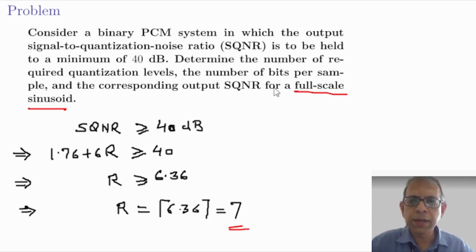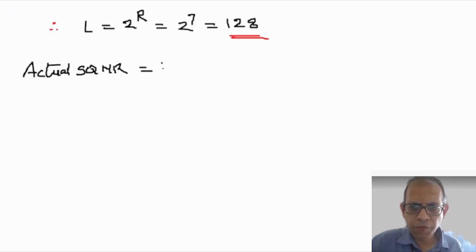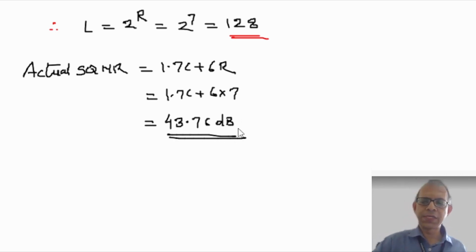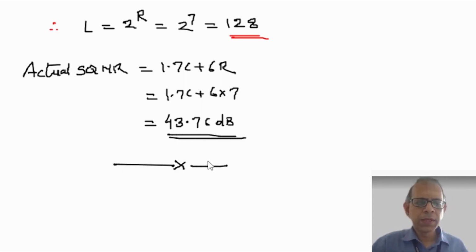The actual SQNR is equal to 1.76 plus 6R, equal to 1.76 plus 6 into 7. 6 into 7 is 42 plus 1.76, 43.76 dB. So the actual SQNR achieved is 43.76 dB, which is of course greater than 40 dB, the minimum required. So I hope this problem is clear and the derivation of the 6 dB rule of PCM for full scale sinusoid is clear to you.